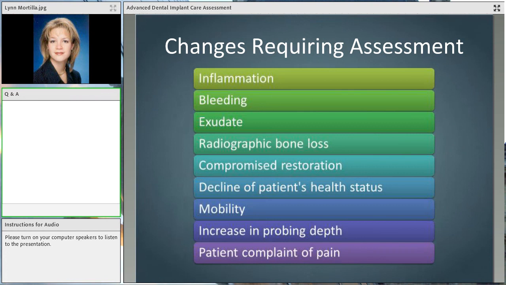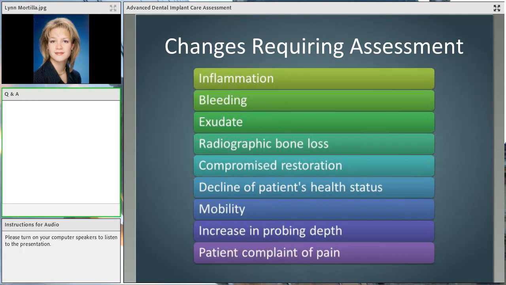So what are some of the things that might crop up that you might see during your initial view around the mouth? Well, you might see inflammation or bleeding, exudate. The patient may complain of bleeding. Maybe you're looking at a radiograph and see some loss of bone.